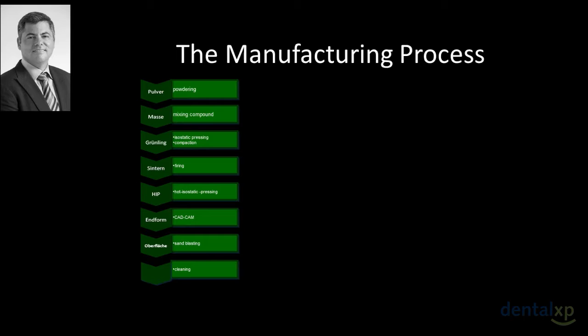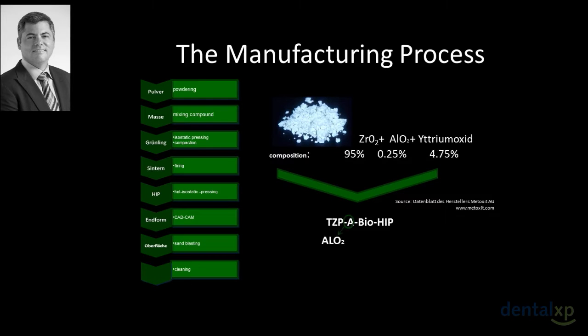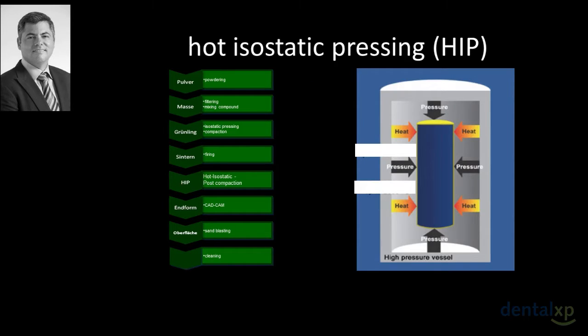The manufacturing process consists of 8 steps that go from the manipulation of the powder to the final cleaning of the implant. The powder is mixed with aluminum oxide and yttrium oxide to improve flexural strength and resistance to aging. The material is then subject to a process known as HIP, or hot isostatic pressure.